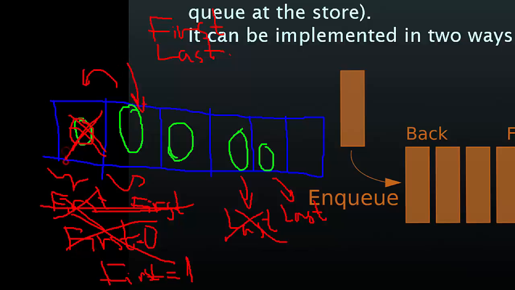It's going to point to this thing here. Since it's an array, I can easily say, give me array of 1. I can just access it by index. And the same thing goes for the last element. The last element, we have it here. Once we add a new element, we just say last plus plus and we are done.